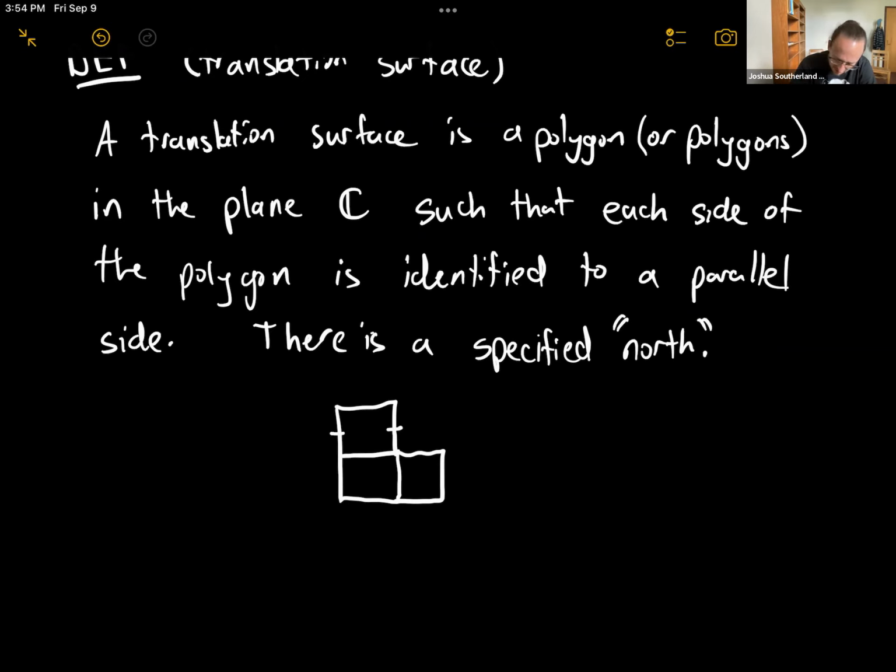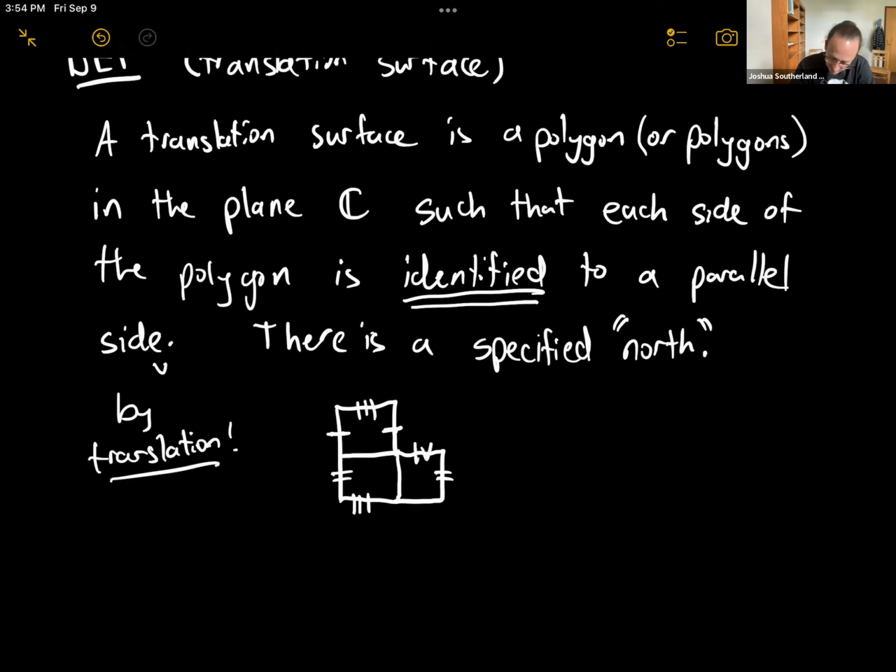So I need to add this to my definition: the identification that's happening in the polygon is happening by translation. So this side is identified to this side by translation. This side is identified to this side. We have that side identified to this side, and this side identified to that side.